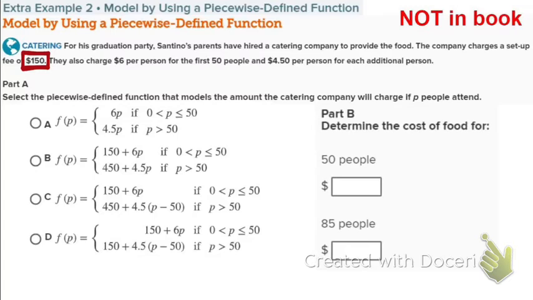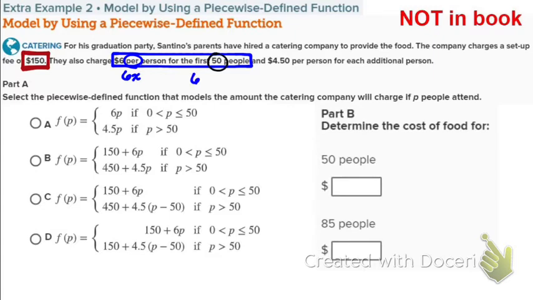Yeah, $6 a person for the first 50 people. If you had a party with exactly 50 people attending, how much would this part of it cost? How would I find that part out? Yep. $6 per person means I have 6x for 50 people.